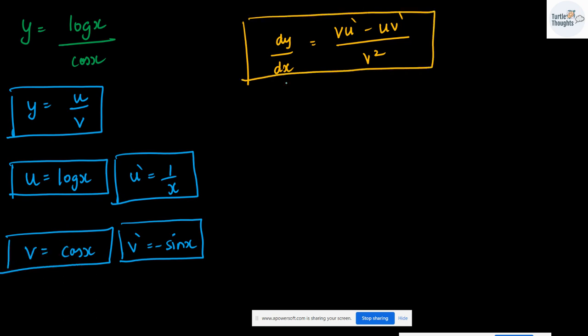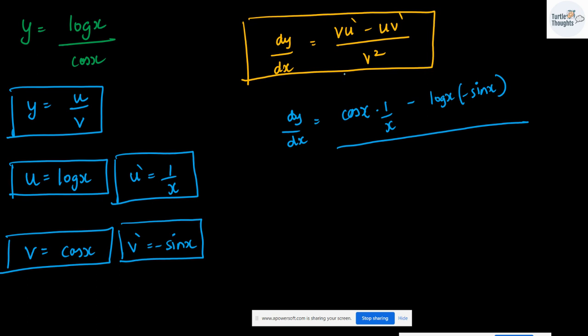Upon substituting, I will be getting dy by dx as v multiplied by u dash, v is going to be cos x, multiplied by u dash, which is going to be 1 over x, minus u, which is going to be log x, multiplied by v dash, which is going to be minus sine x, whole divided by v square. V is going to be cos x whole square.